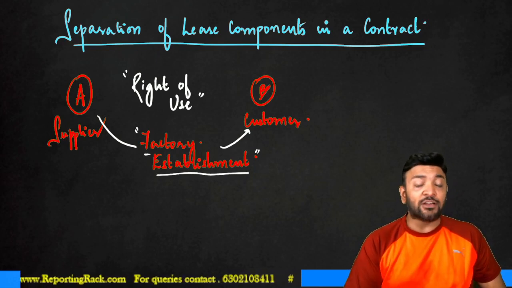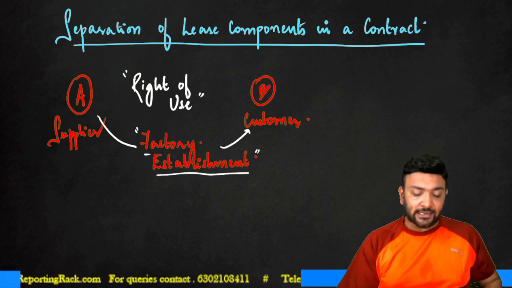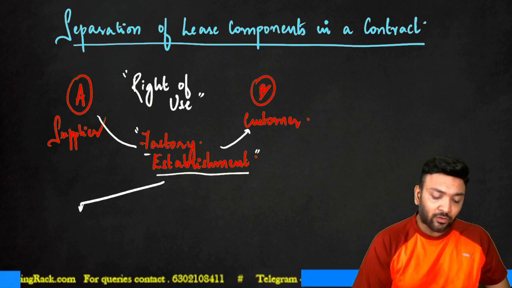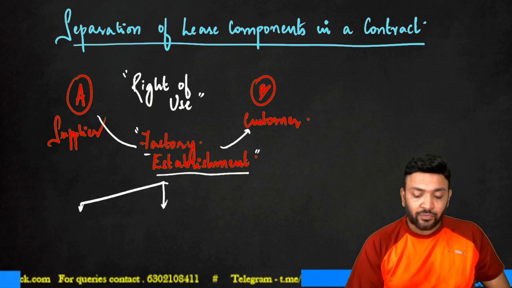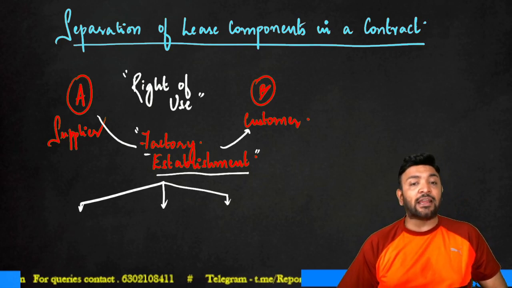This factory establishment has multiple assets in it. For ease of purpose, I am taking only three things.